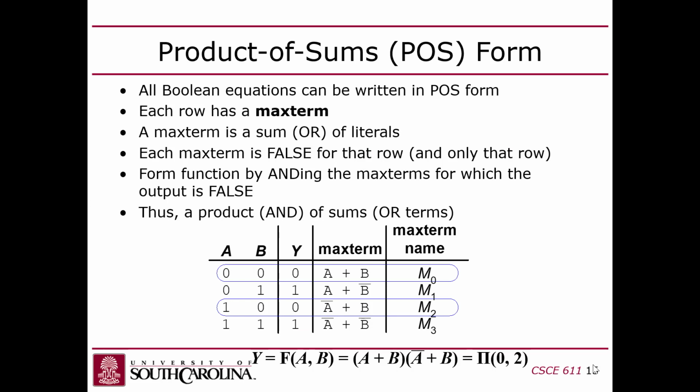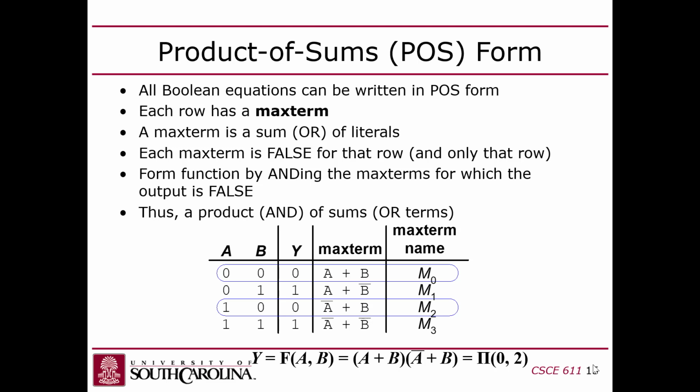A is negated, right? Why? Because here A was 1, right? So what I'm saying is, when you construct the min terms, they are matched right up against the logical values of the input in the rows that you're making the min terms for. For the max terms, you just switch it.